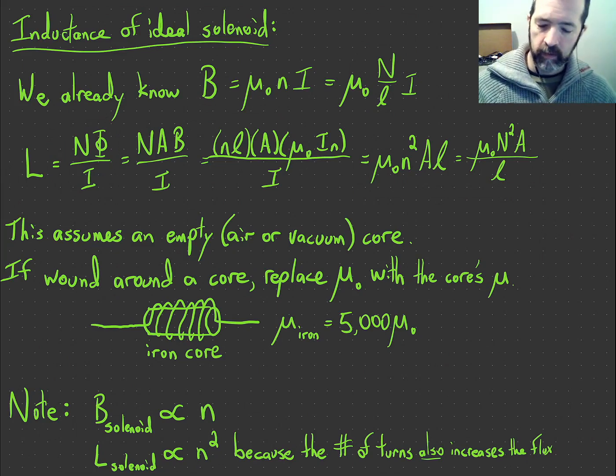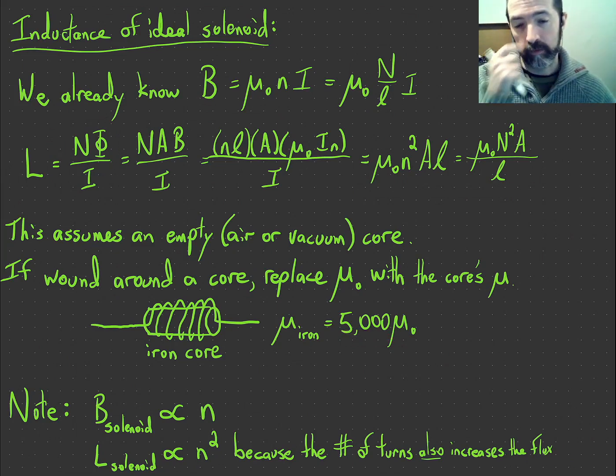So in practice, solenoids often are wrapped around some sort of a cylindrical object to increase the potency of the magnetic field. Iron is a great choice. Iron is plentiful, and it has a mu value which is 5,000 times bigger than mu naught. So if there is a solid core, then you have to update your mu value. But if it's described as being an air core, then you can just use mu naught.